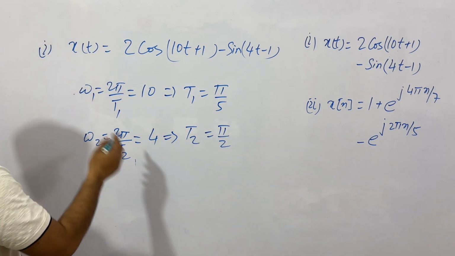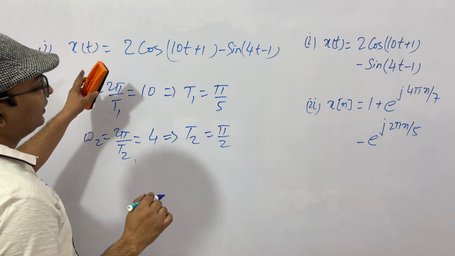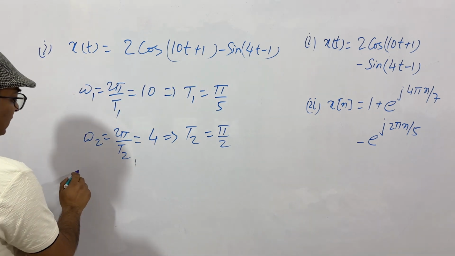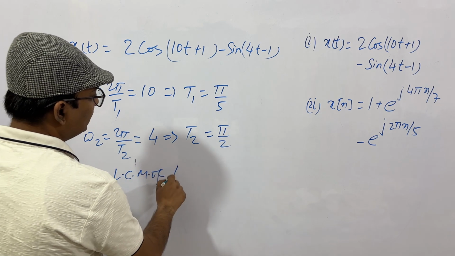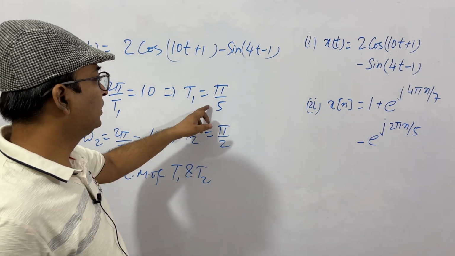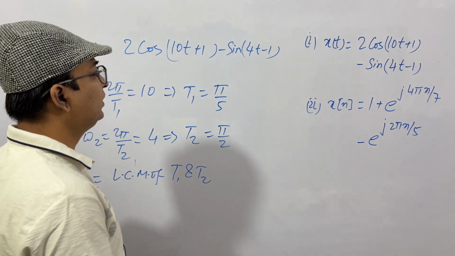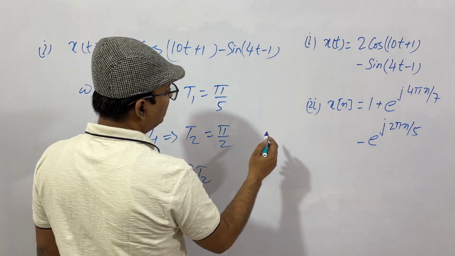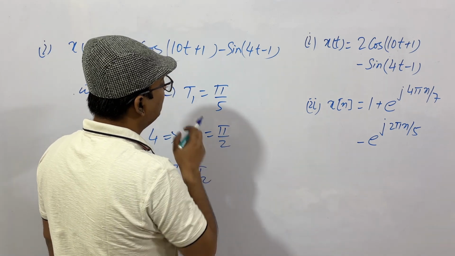So the fundamental period for this composite signal will be, let's say, T0. That is the LCM of T1 and T2. Now these are pi by 5 and pi by 2. What will be the minimum multiple for which each of these is a divisor?